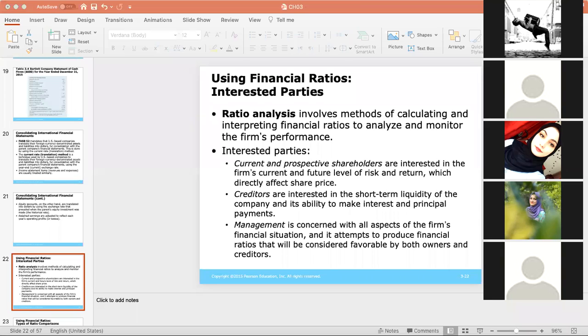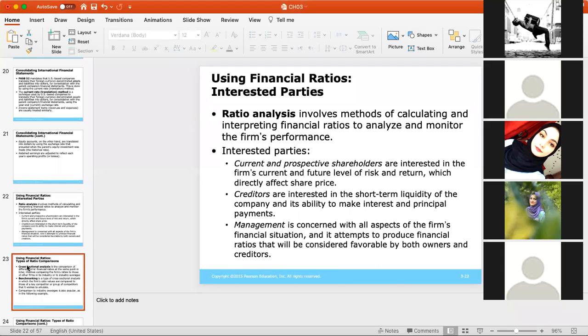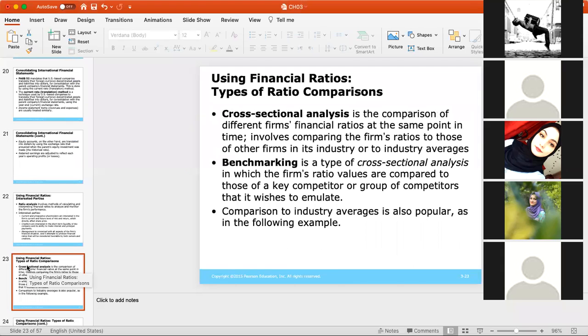They want to analyze the financial performance of any company that they are conducting business or operating with.